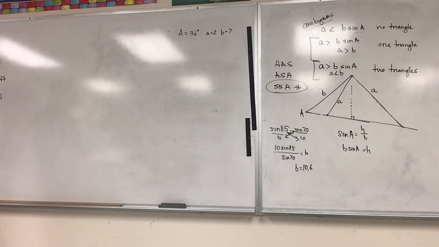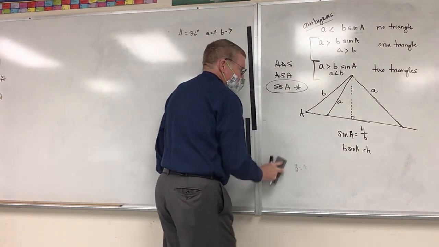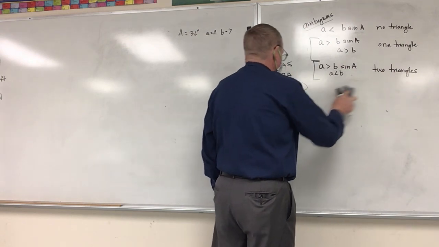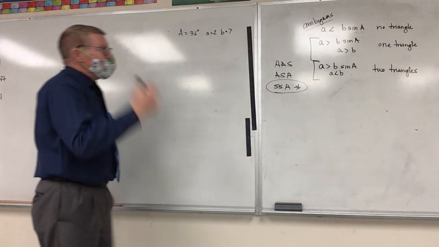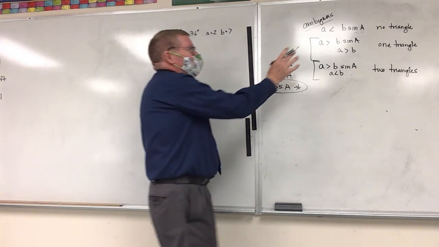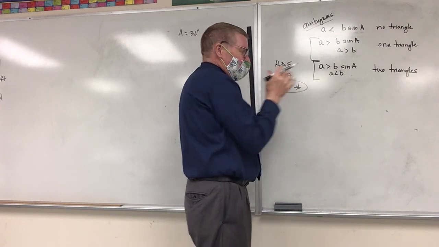Alright, so here we have this triangle. This is the first time I've actually written everything down off the board. So when you look at these cases, you gotta remember that your letters are not always gonna match.